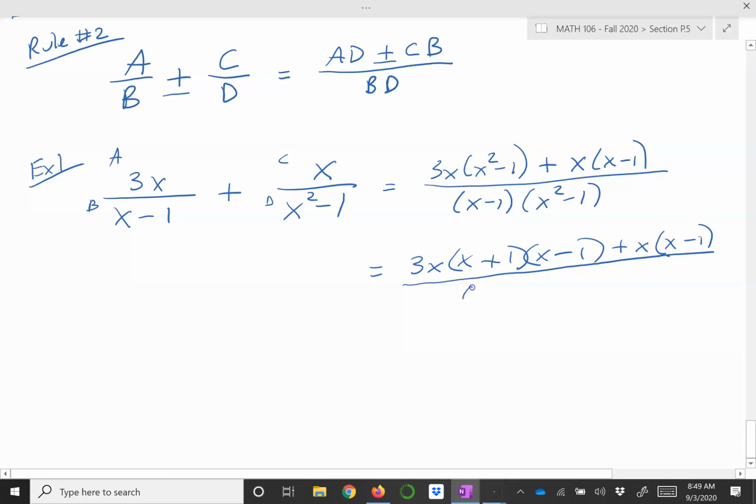And then I could do the same thing. Oh, right? Because I have that same x squared minus 1 term here, so that could also be factored to x plus 1, x minus 1. Okay?